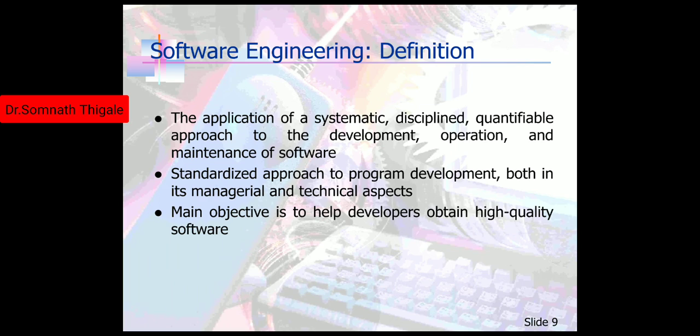So it focuses not only on the technical part but also on managerial parts, and not only on development but also on operation and maintenance. All of this is discussed in software engineering.